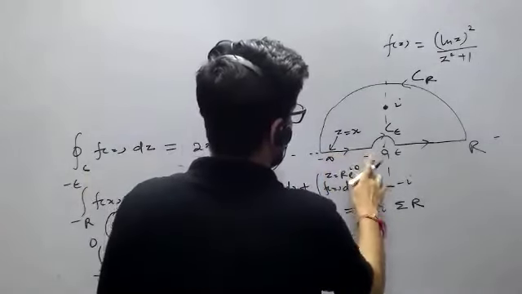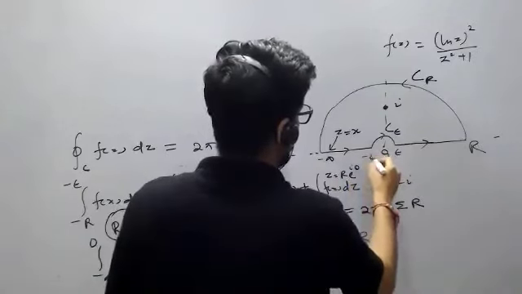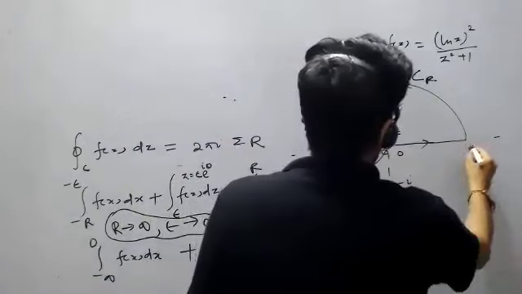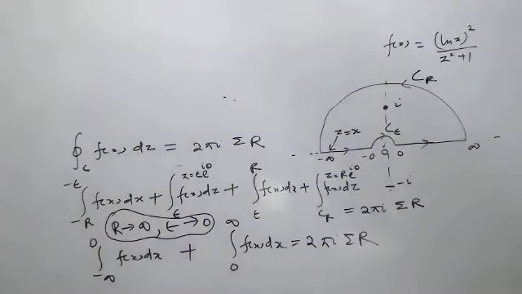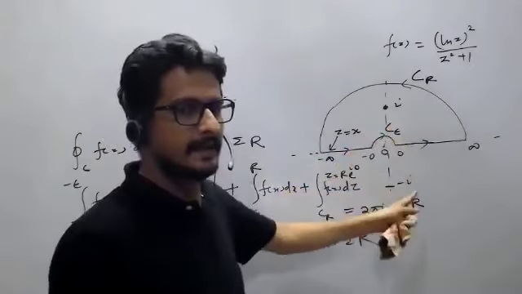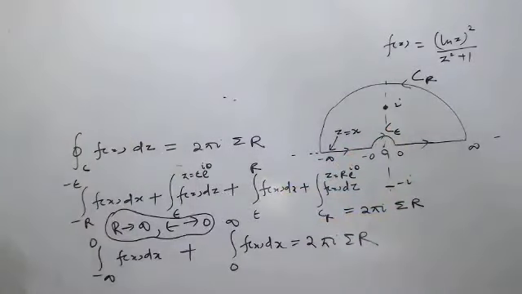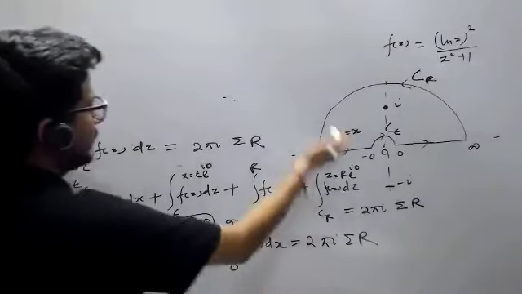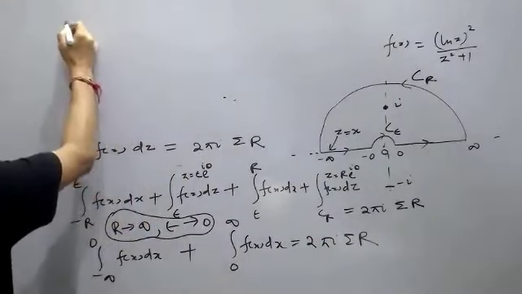This is minus infinity, this is minus 0 kind of, and 0 which is also 0, and this is infinity. Okay, it is now like this. So that means this iota will be inside and this iota will be outside the contour. So let us calculate, because I want the residue on the right hand side. Let us calculate that residue first.